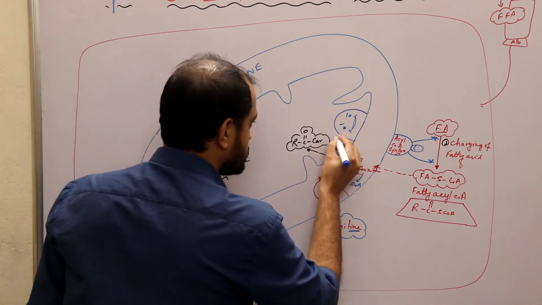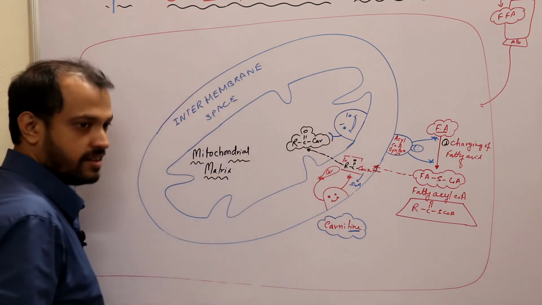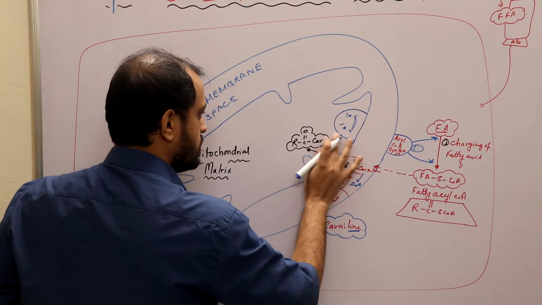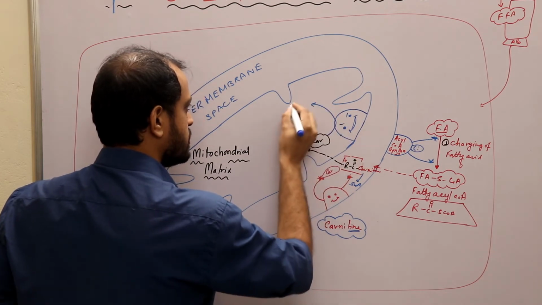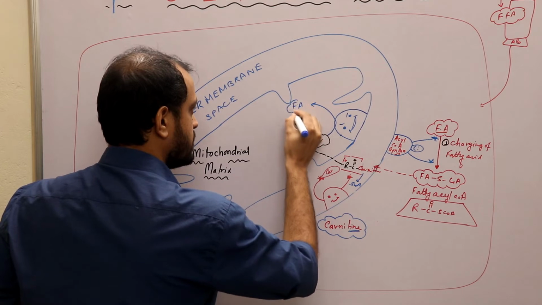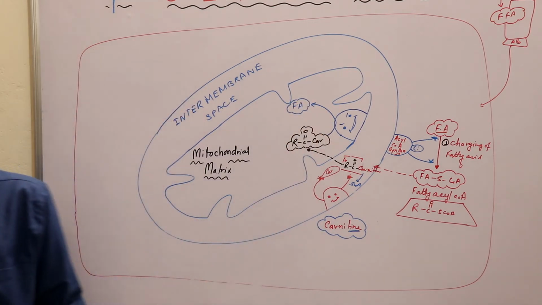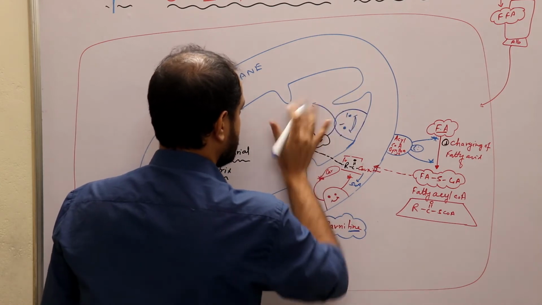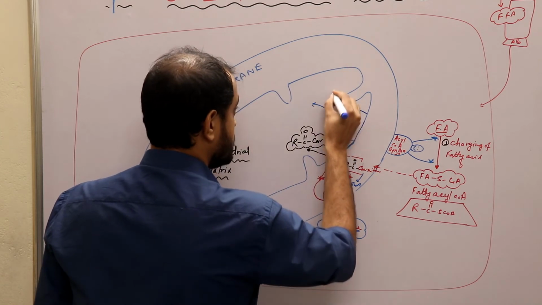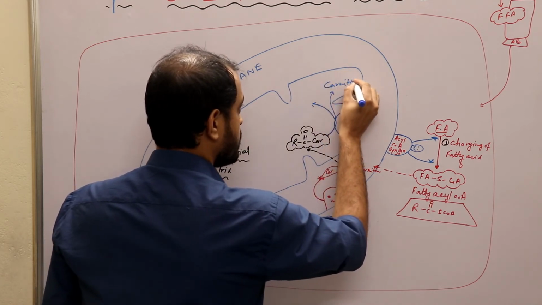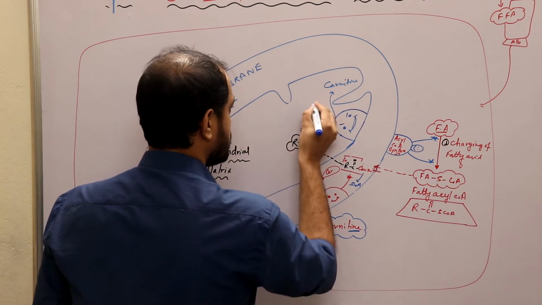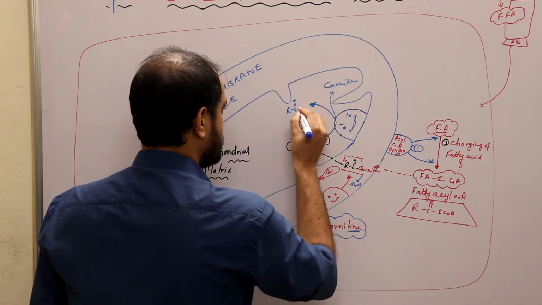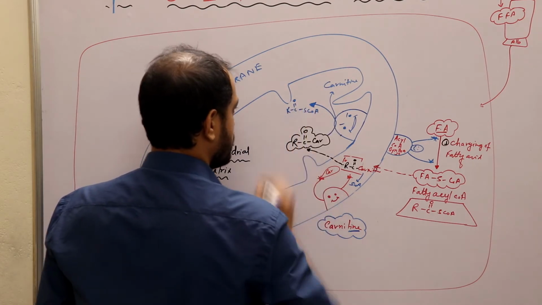This enzyme will take this fatty acyl carnitine, take away the carnitine, and to this fatty acyl it will add S-CoA.